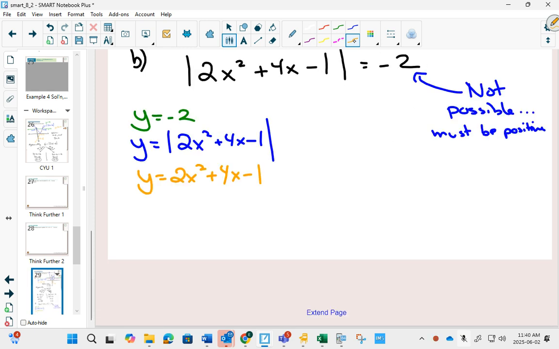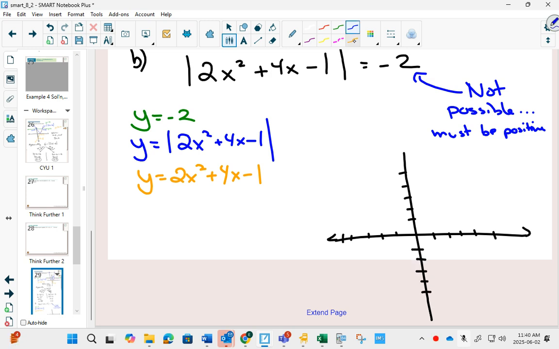So, here's my graph. And the green is super easy to start with. Y equals minus 2 is right there. Now graphing the orange. Notice that it is not in vertex form.